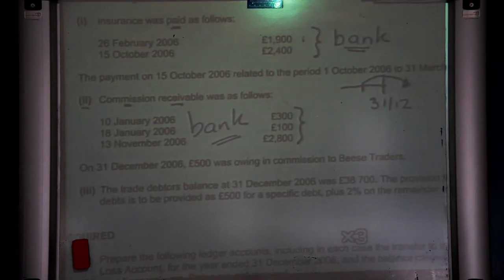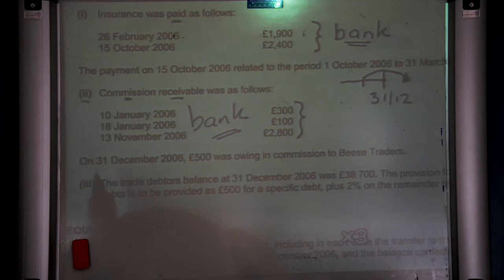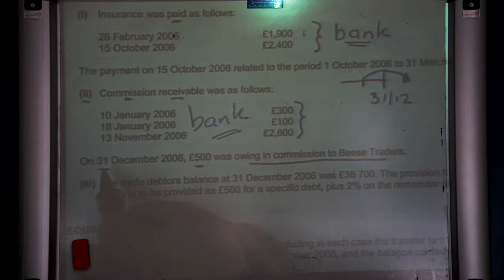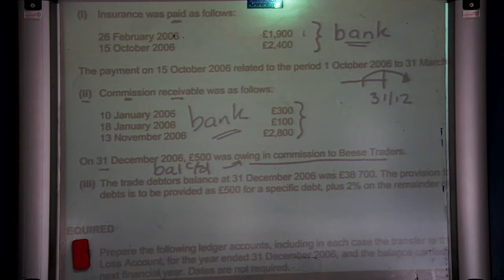And then it says here underneath the commission information that on the 31st of December, £500 was owing in commission to us. We are owed commission at the 31st of December. When was the 31st of December? It's the end of the year. Woohoo! I've just found my BAL CD for commission. And it's an accrual because it tells me it is owing.